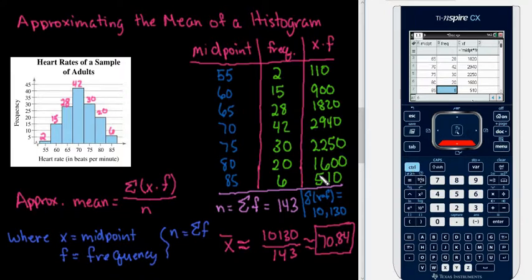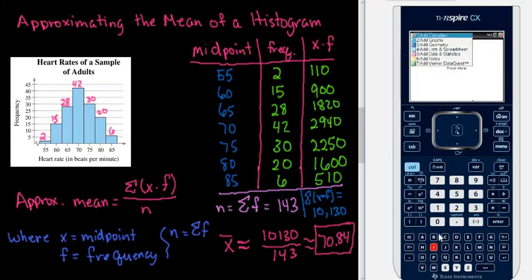If I want to find the sum of these, I need to use the calculator to help me. If I press Control I and go to a calculator screen, I can type in sum and open parenthesis. It automatically closes it, and then under the vars, remember that finding the sum of the frequency was the first thing that we did, and if I hit enter, notice it does give me the 143 again.